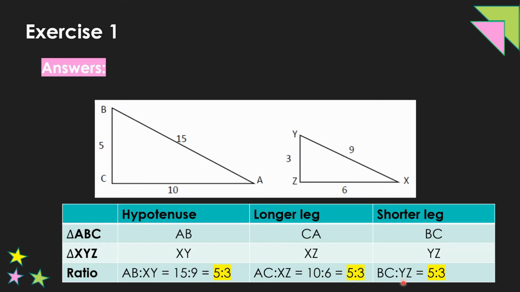Next, in the shorter leg, BC is to YZ. So that is 5 is to 3. So as we can see, the ratios are equal. It means that the given two triangles are similar.